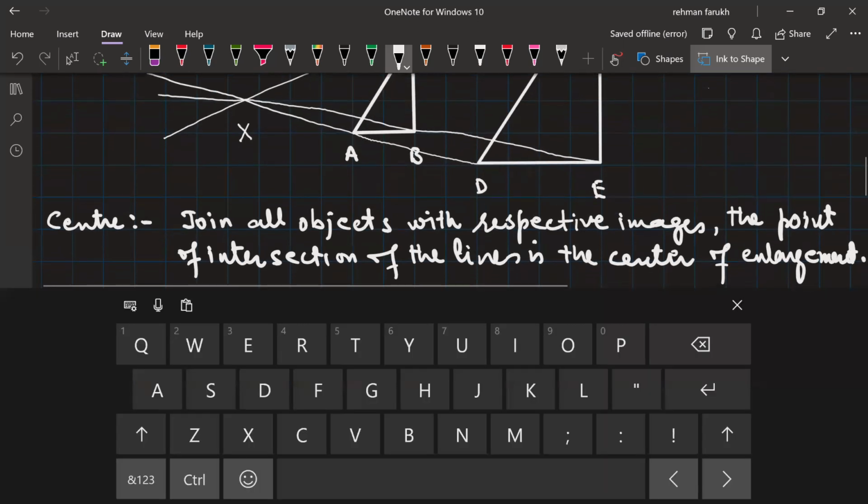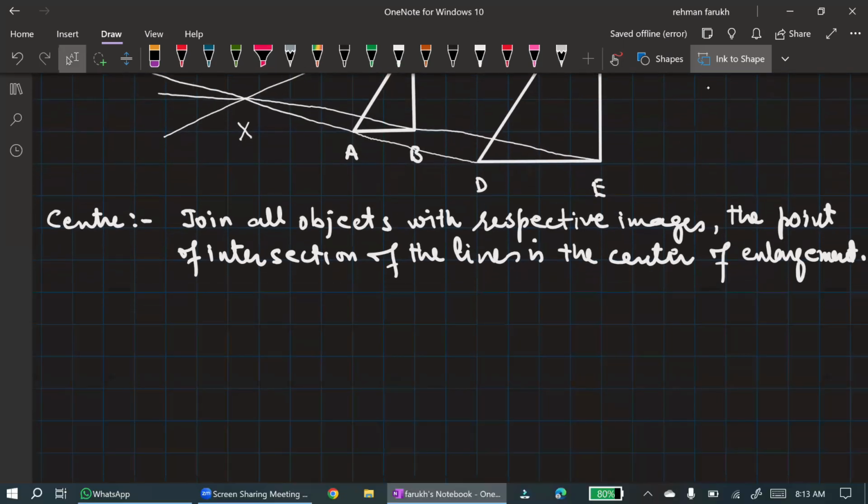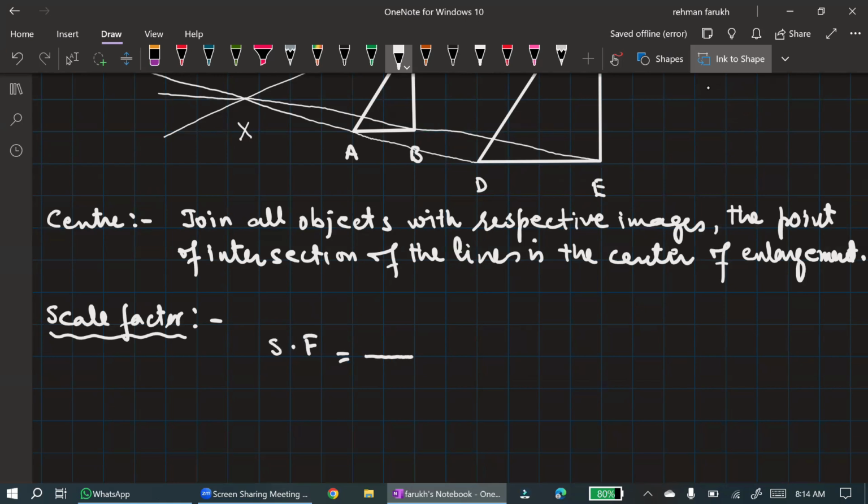Now, how to find out the scale factor? The definition of the scale factor is image length over object length.